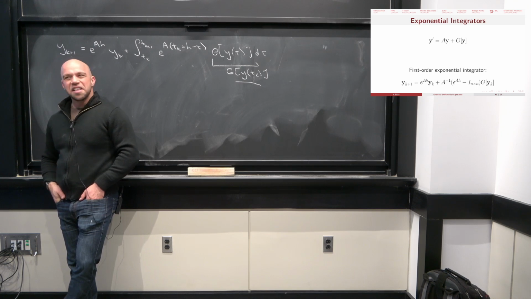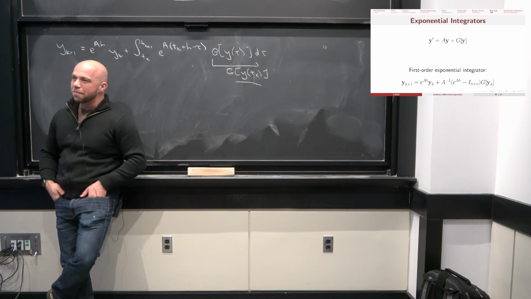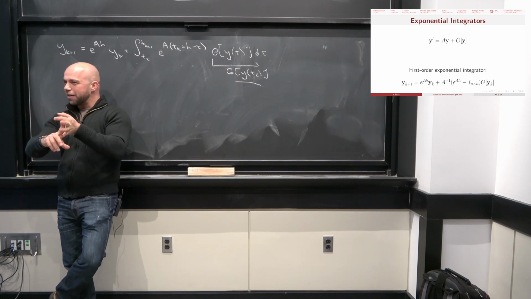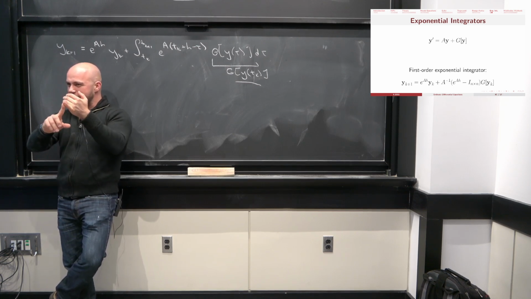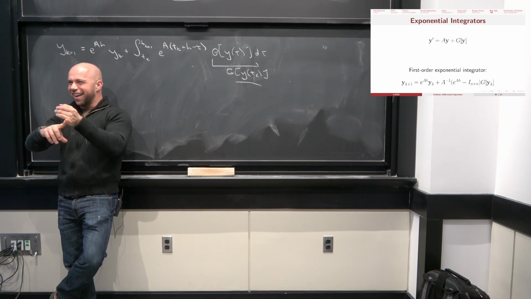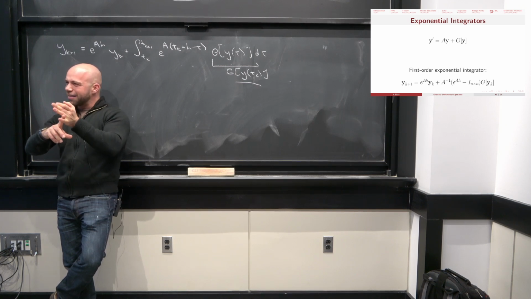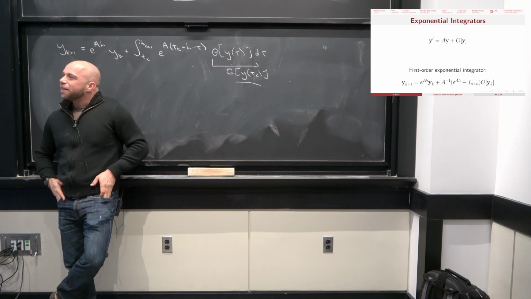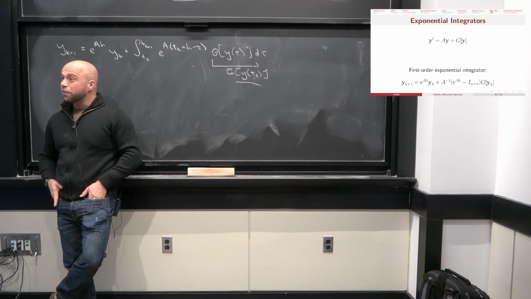There's again some really annoying balance between accuracy, stability, efficiency. This is very far in the low efficiency regime, which is what's buying you low efficiency and potentially high stability. Okay. So that concludes our discussion of first order integration.